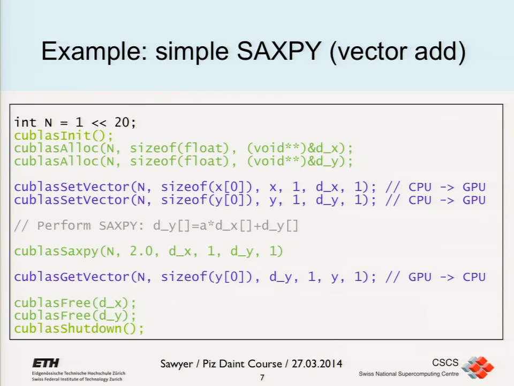However, you need to explicitly declare and allocate the device vectors. You have to set those vectors to something, and copy them explicitly from the CPU to the GPU, and then at the end, after it's all done, copy the result back to the host and correspondingly free them. A little bit of complexity, right? But the SAXPY operation then runs on the GPU.